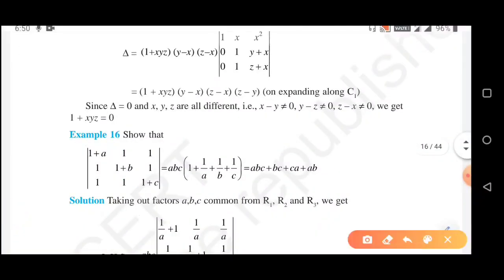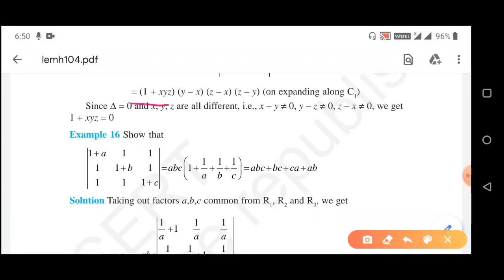Now we have to show this 1 plus xyz is equal to 0. Here it is written that since delta is equal to 0 and x, y, z are all different, as given in the question, if we subtract any of x, y, z from any other, then we will not get 0.